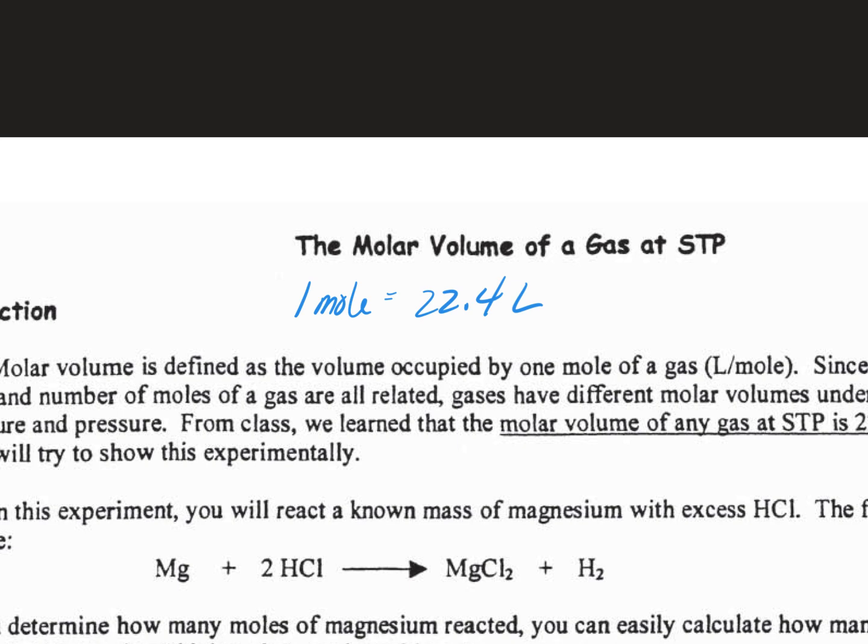What we're doing in this lab is determining that with our experimental values, okay? So in the end, we'll check our work against the accepted molar volume of a gas. In other words, 1 mole is 22.4 liters. We're going to see how close we get to that value, okay?